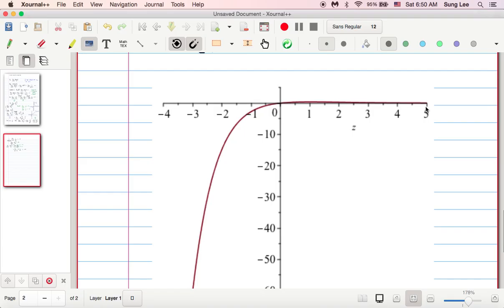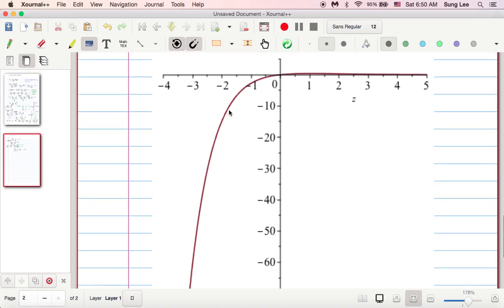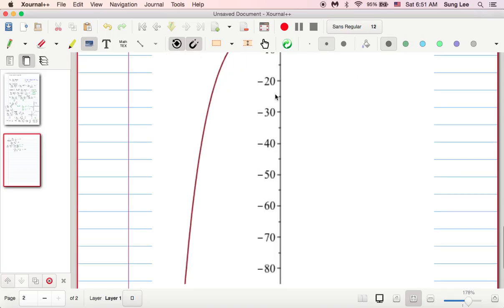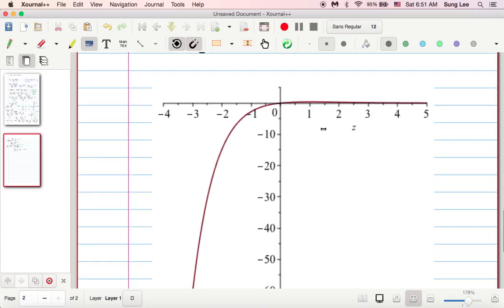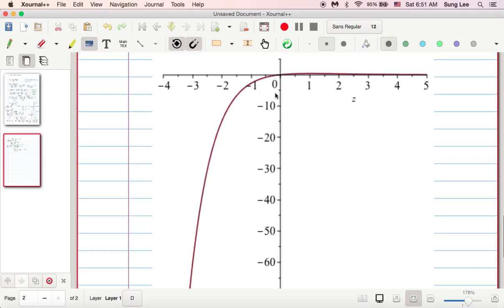So it approaches 0. It appears to, right? Okay, so that supports the calculation we had. And also in this case, when z goes to negative infinity, you see that, I just restricted the domain for better looking, but if you extend it, again, the pattern is the same.